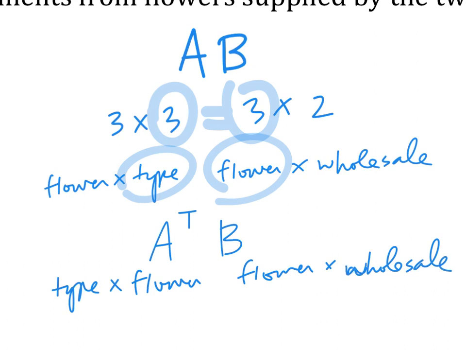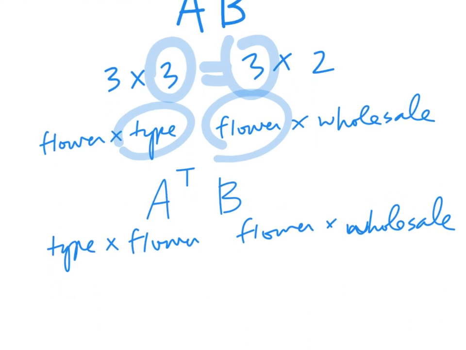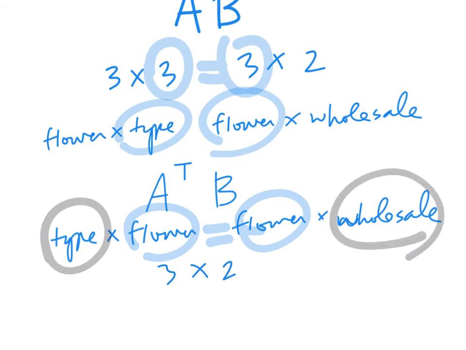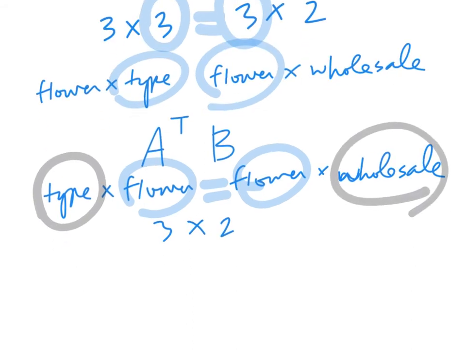Let's make a prediction. What is the size of my final matrix going to be? 3 by 2. When you multiply them together, first you check, are the two in the middle the same? Yes. Then the final one is going to be the last two. So we're going to get a 3 by 2 matrix that is type by wholesaler, the type of the arrangement by each wholesaler.